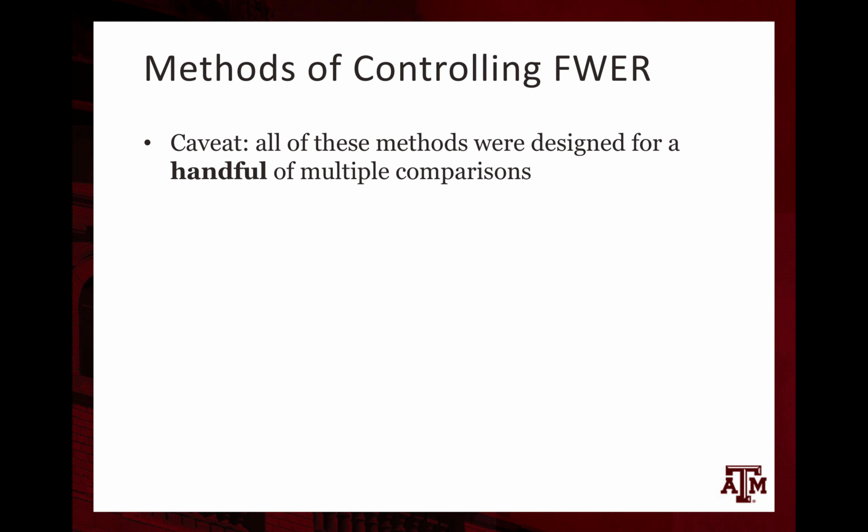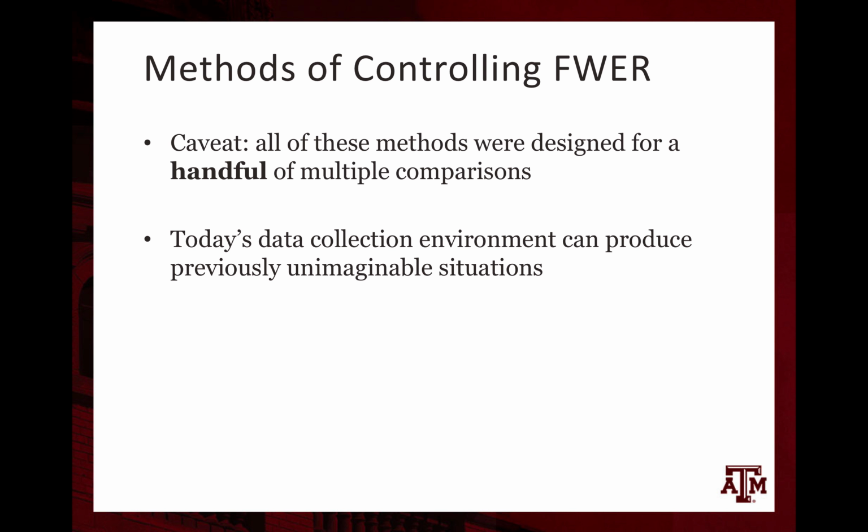One caveat of these family-wise error rate controlling procedures is that they were designed for a handful of multiple comparisons. When we say handful, we're usually thinking at most around a half dozen. Of course, in the world today, we can imagine situations where we might be conducting many more than a half dozen hypothesis tests. One example where this comes up a lot is genomics.